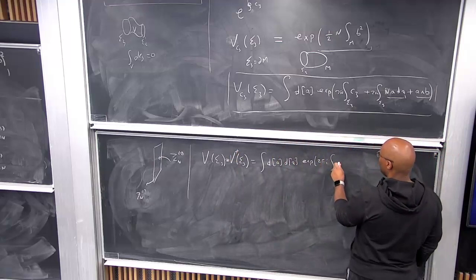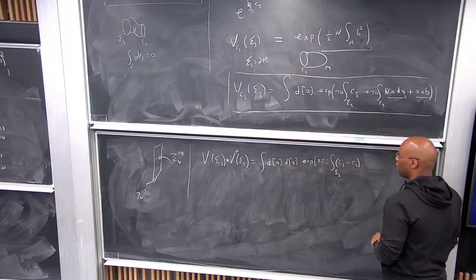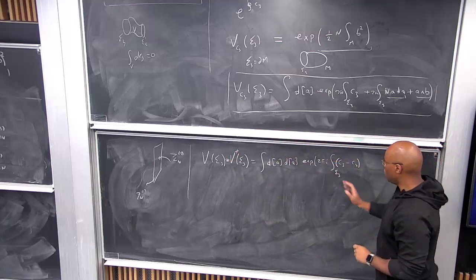So this is going to give me C3 minus C3, coming from the two choices.